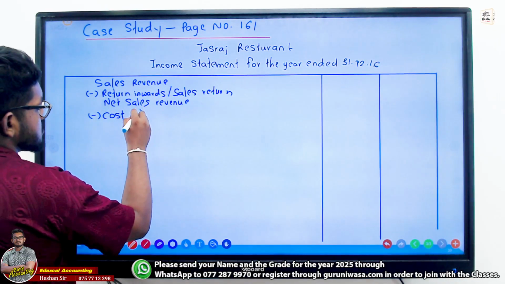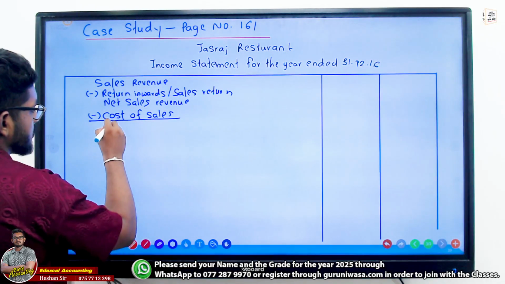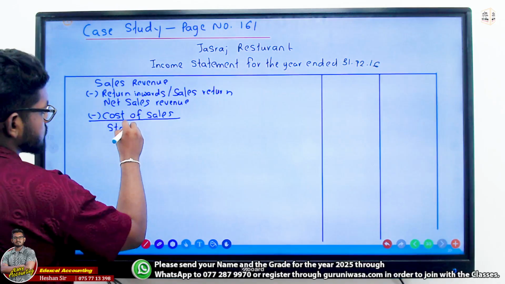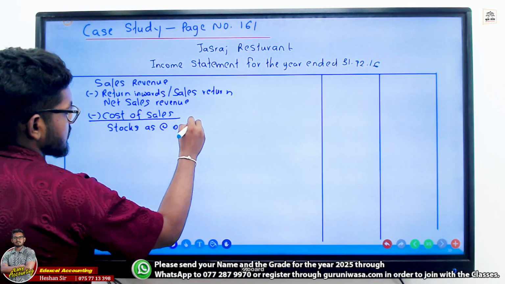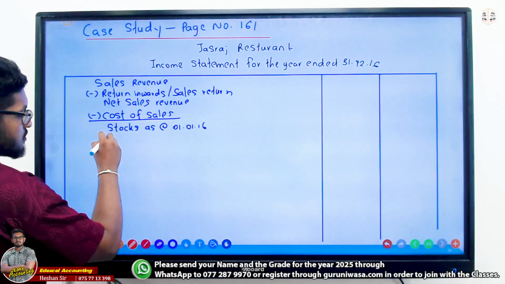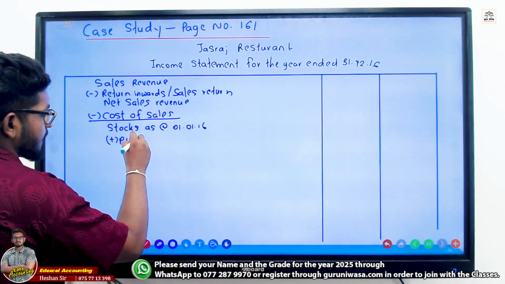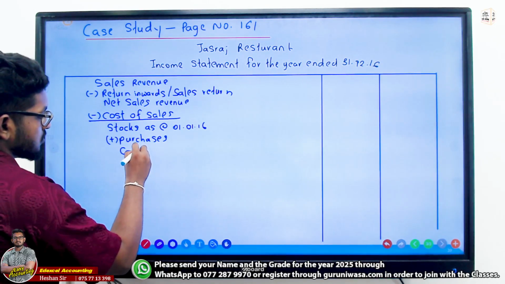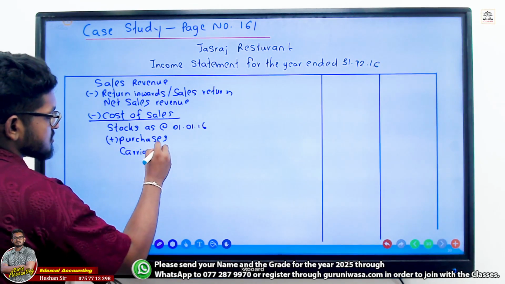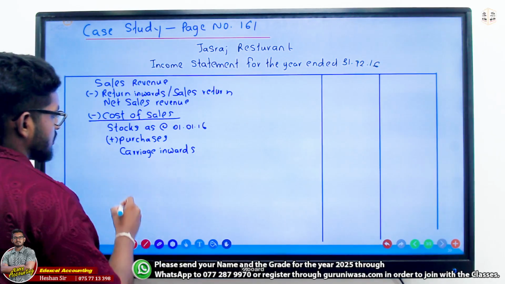cost of sales, right? Stocks as at 1st January 2016, the opening stock, plus purchases, then the carriage inwards, right?